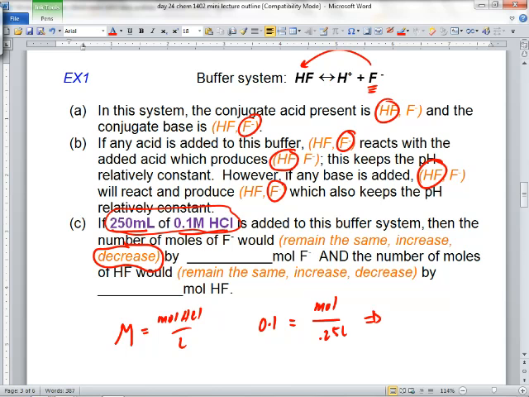Then we can find our moles. 0.25 times 0.1 should just be 0.025. So that's how many moles of HCl we have. We added 0.025 moles of HCl. So what's the amount that the F minus should decrease by? 0.025, the exact same amount.